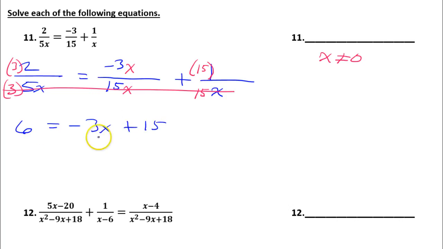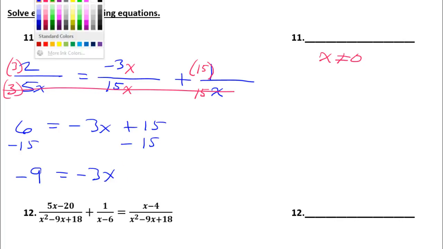I only see x, not x squared, so I'm just going to get the variable on one side and the numbers on the other side. I think the fastest way to do that will be to subtract 15. So that's going to give me negative 9 is equal to negative 3x.